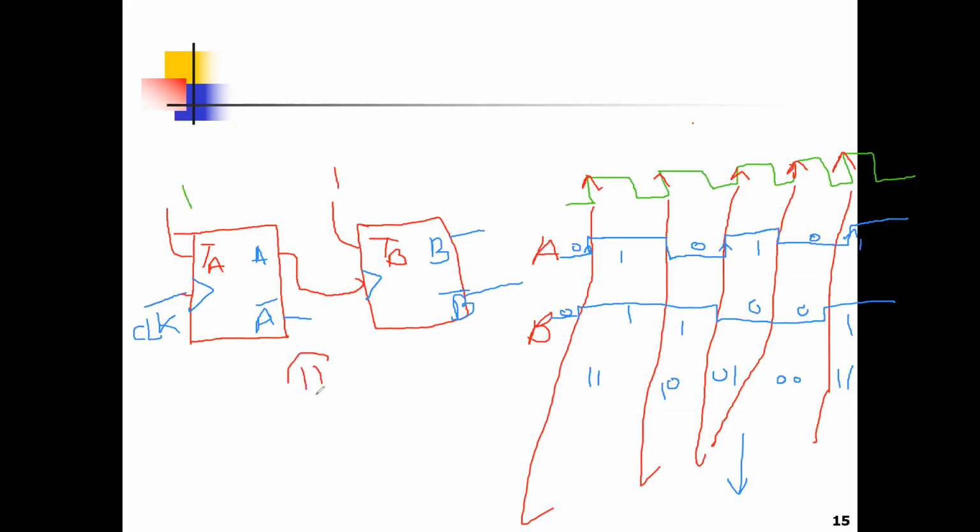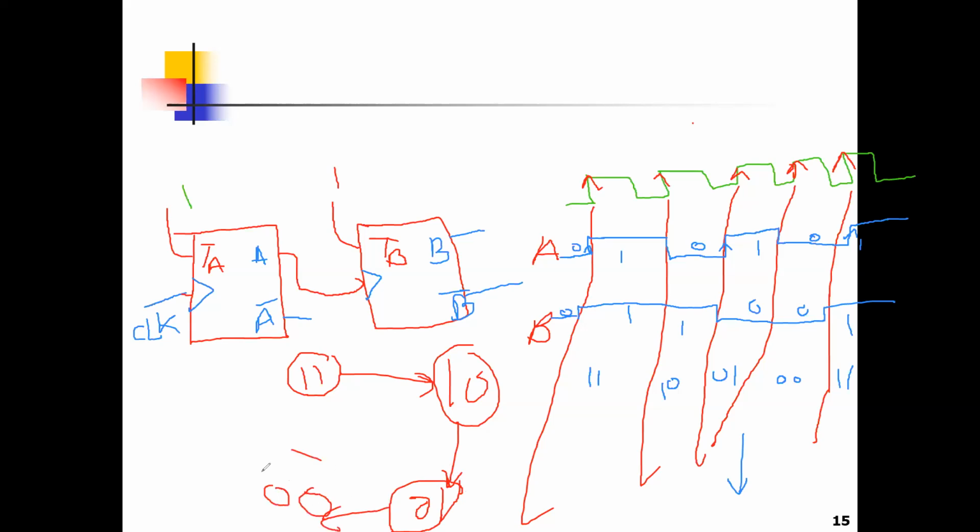First you are getting 1 1, then you are getting 1 0, then 0 1, then 0 0. Then 1 1, and after that 0 0 again. It is down counter. What is this?